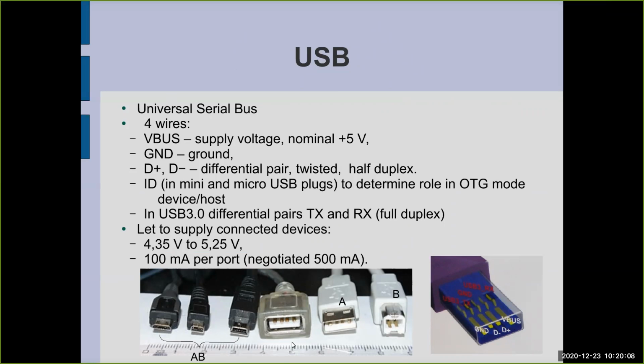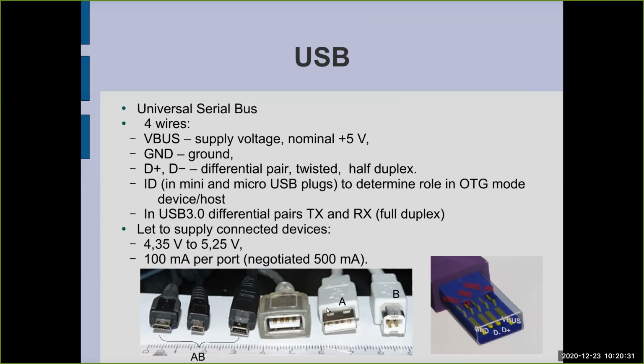So probably you know that there are different plugs and different connectors which are used. In fact, in USB, because this is a bus interface, we have shared links. This link is shared among different devices which are connected.